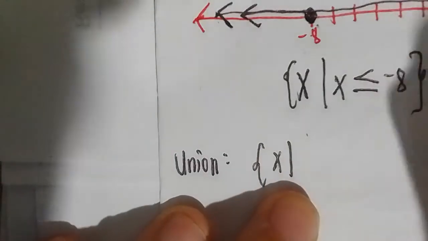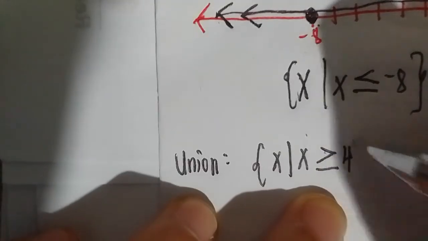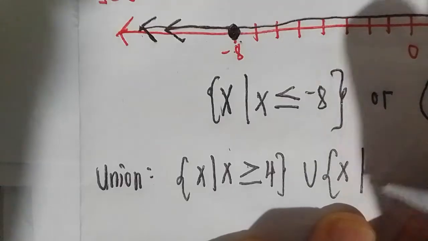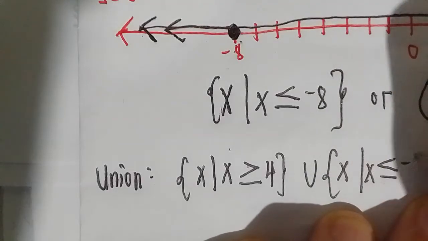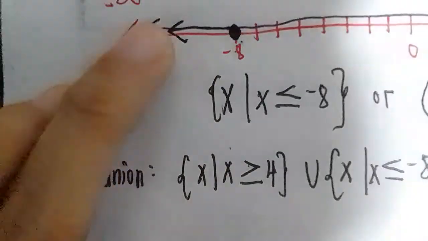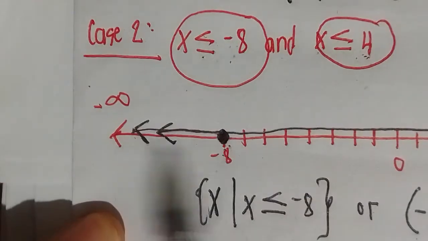Solution set sa case 1 and case 2, we have x such that x is greater than or equal to 4. Union of x such that x is less than or equal to negative 8. So, sa may resulta na class, ang union anas niya is nagsapaw man sila both ani kini na sa case 1 kini nag-intersect sila. So, muna ito ang kuhaon as the solution set.